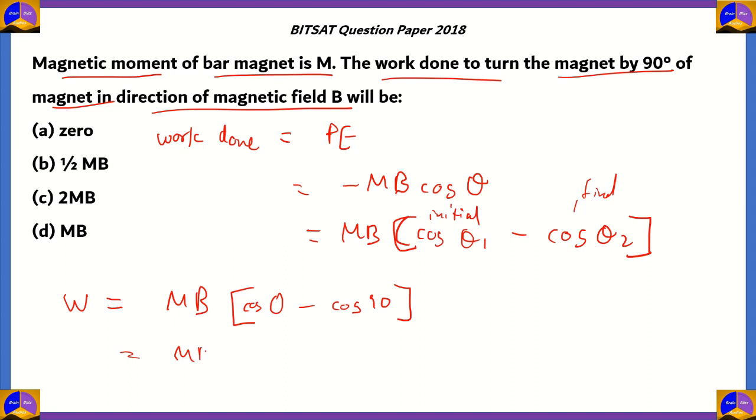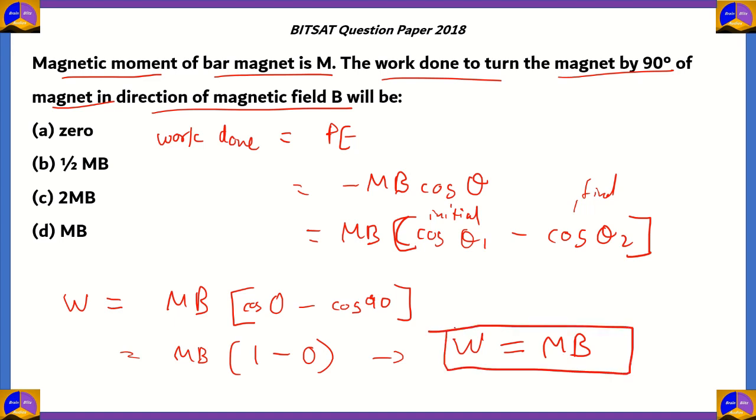So it's MB times (cos 0, which is 1, minus cos 90, which is 0). So the work done by the bar magnet to turn 90 degrees in the direction of the magnetic field B is MB, where M is the magnetic moment of the bar magnet.